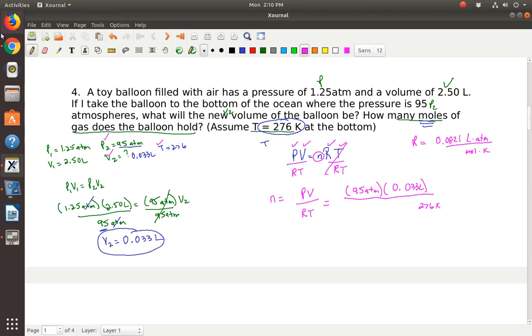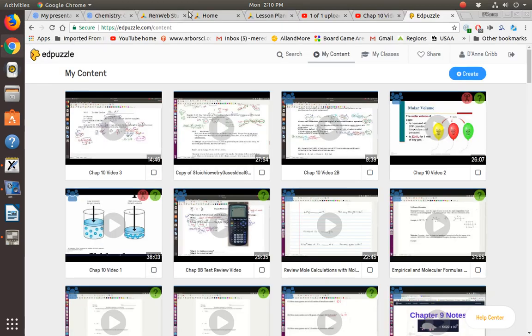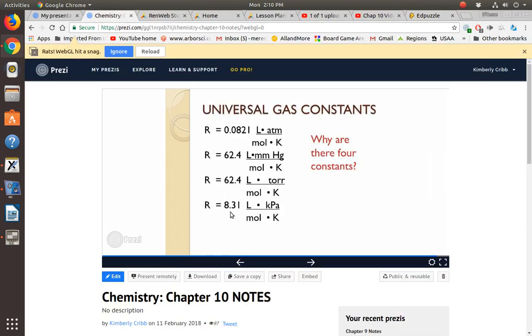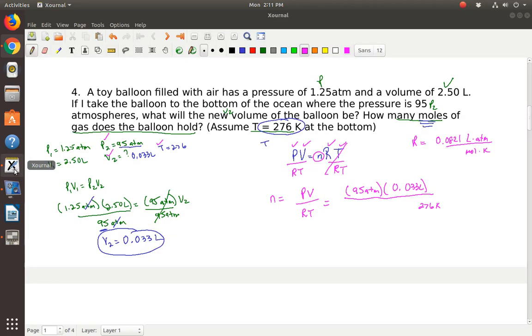I think in the Prezi, that one is there too. Let's see, there it is, 0.0821 liters times atmospheres over moles times kelvins. All right, so I put that in.